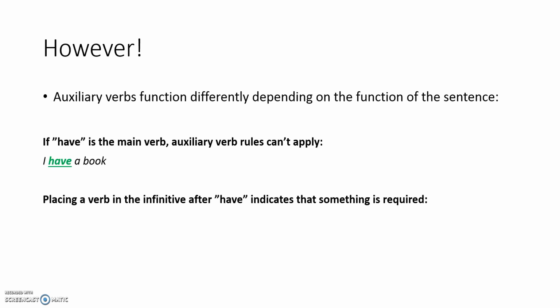Placing a verb in the infinitive after have indicates that something is required, like I have to buy a book. You could just as well write I must buy a book, but in this case, when have is the main verb, it needs to be in its infinitive form.